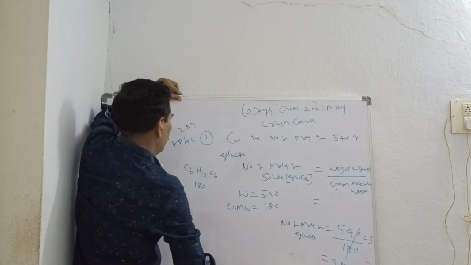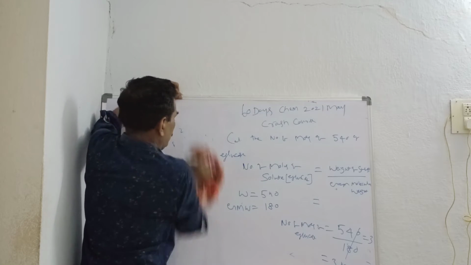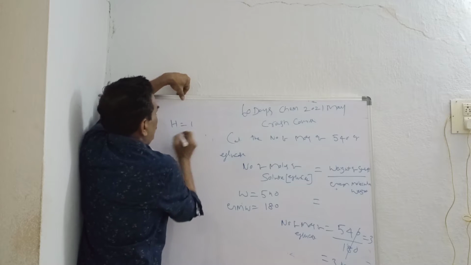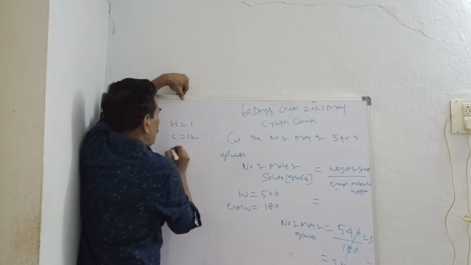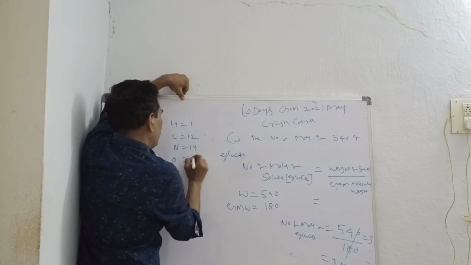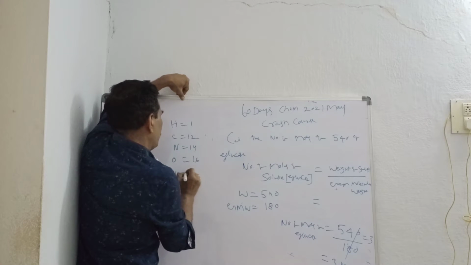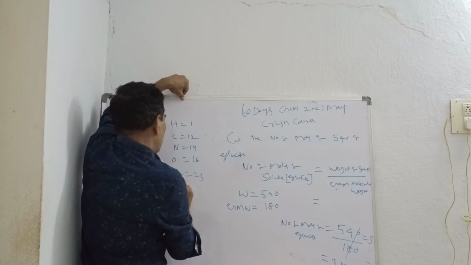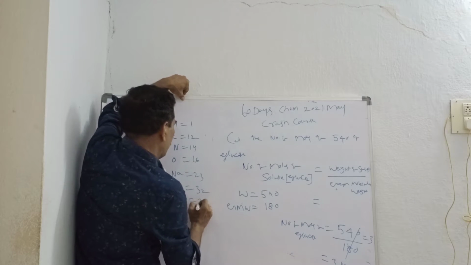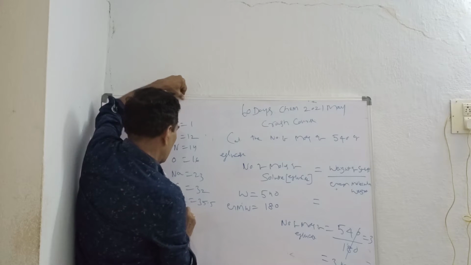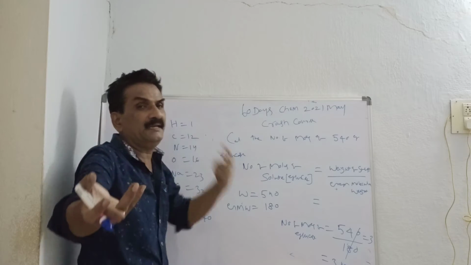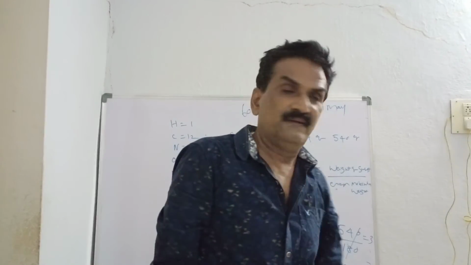If you know the atomic weights: hydrogen atomic weight 1, carbon 12, nitrogen 14, oxygen 16, sodium 23, sulfur 32, chlorine 35.5, calcium 40. If you know the atomic weight, you can take any compound's molecular weight.